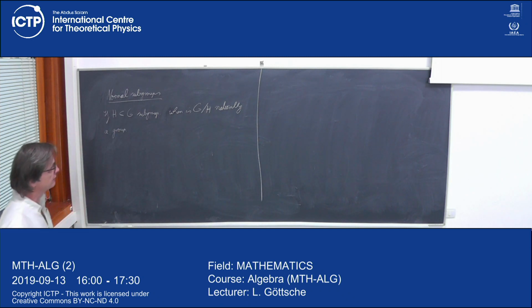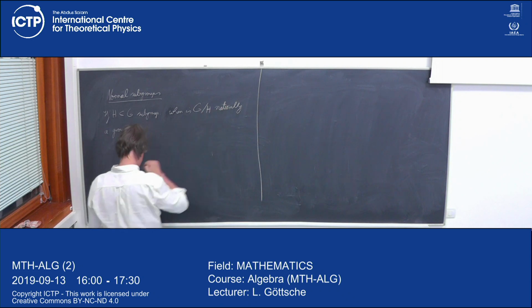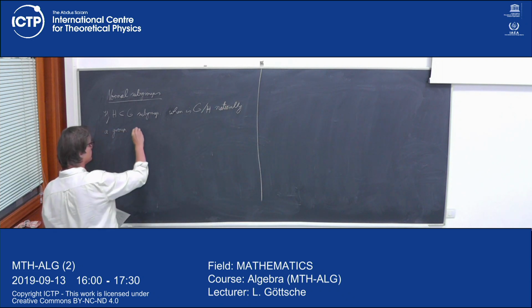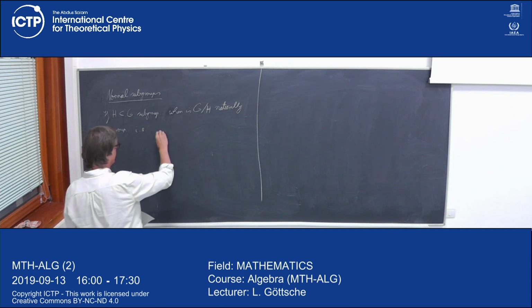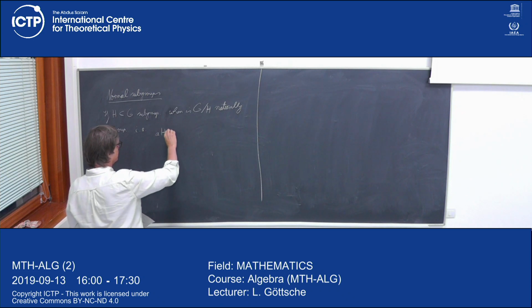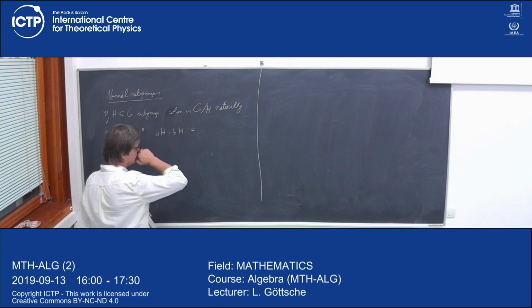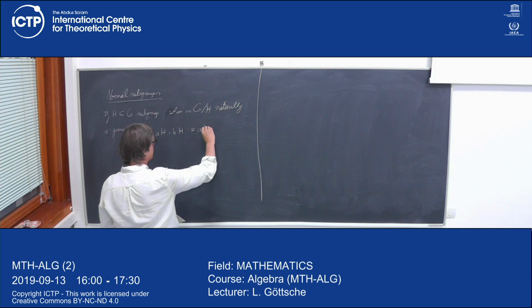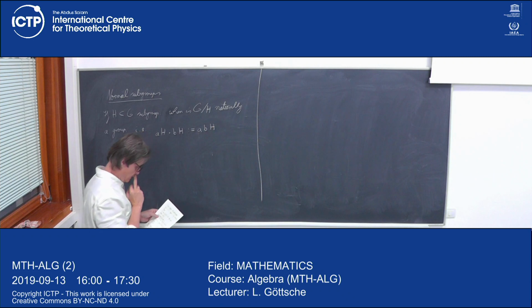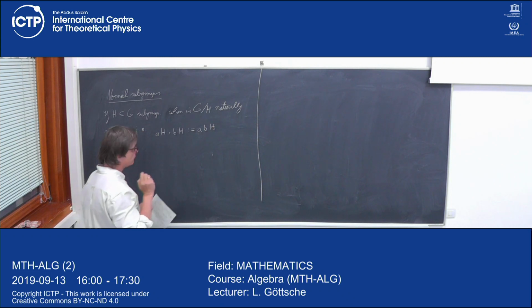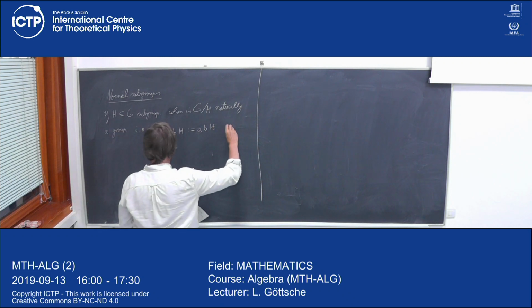Naturally here obviously means that if we define aH times bH to be abH, this should define a group.